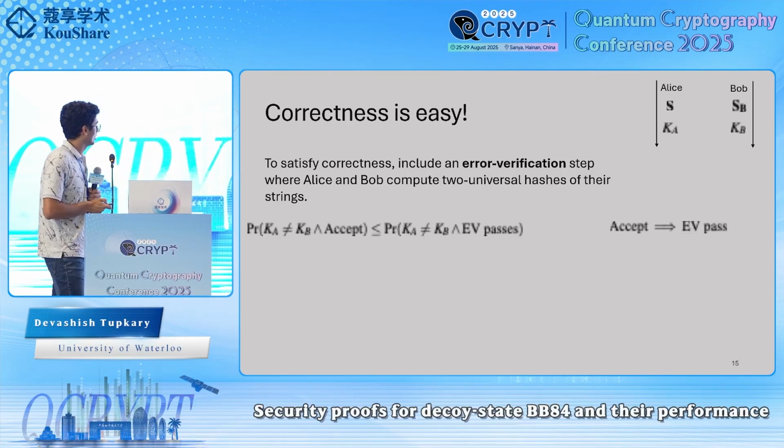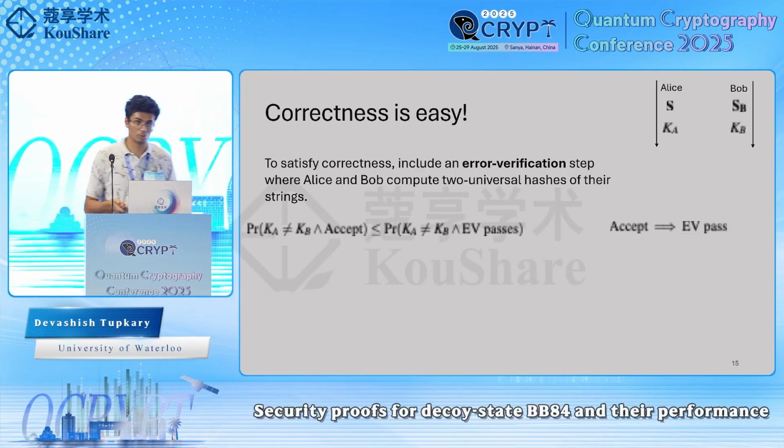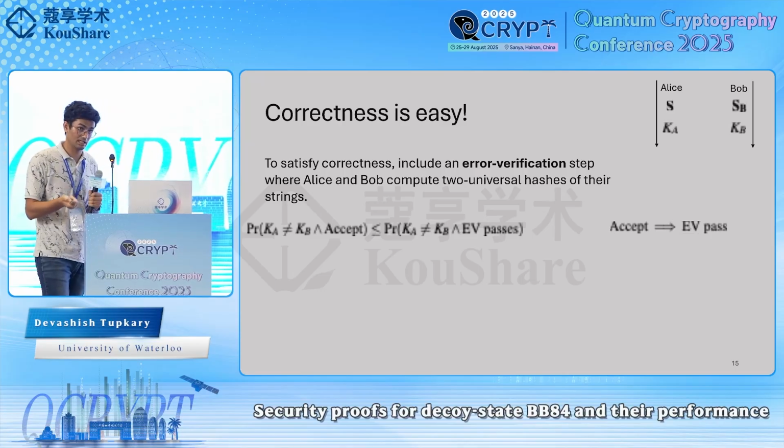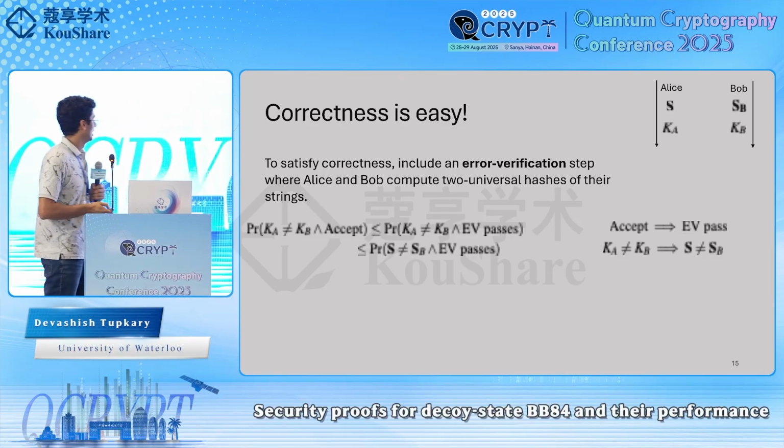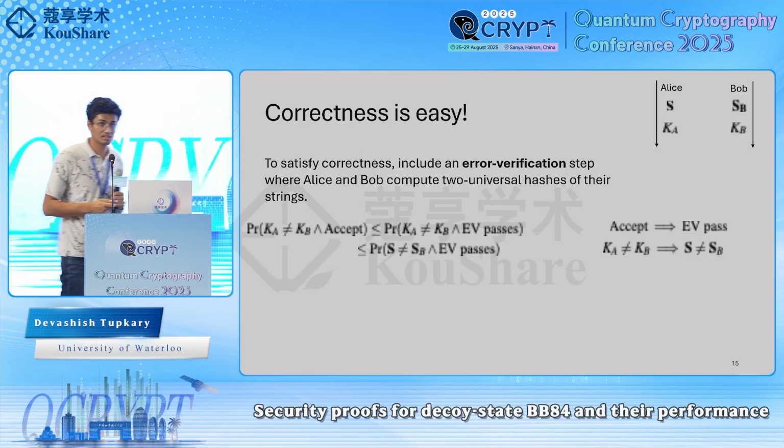Okay? This is going to look like this. So the first inequality simply follows because if you accepted the protocol, you know for sure that the error verification passed. So basic rules of probability. Same thing on the other one. You know that if the output keys are different, then the raw keys themselves must have been different.